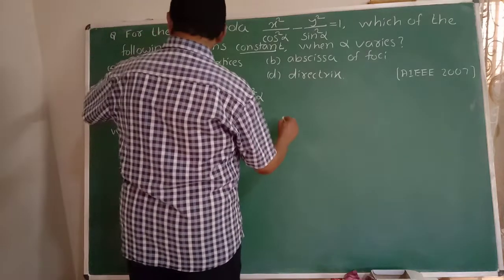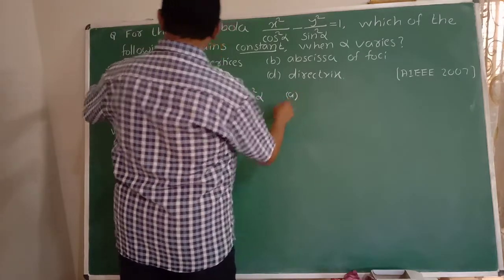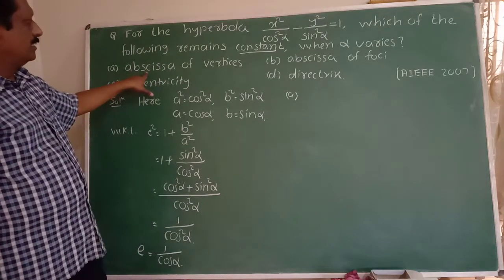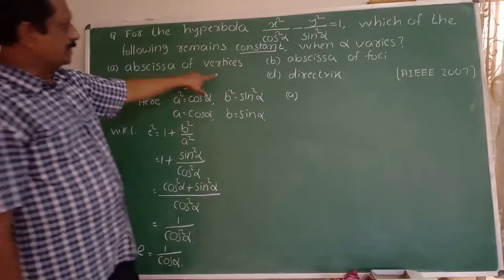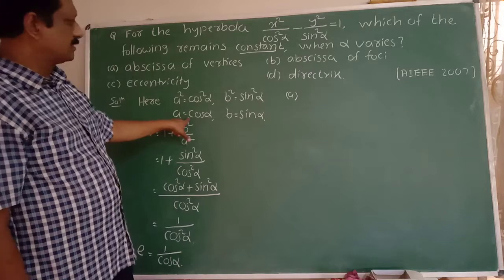Then if you take the first one here, abscissa of the vertices here. The abscissa of the vertices is cos alpha here.